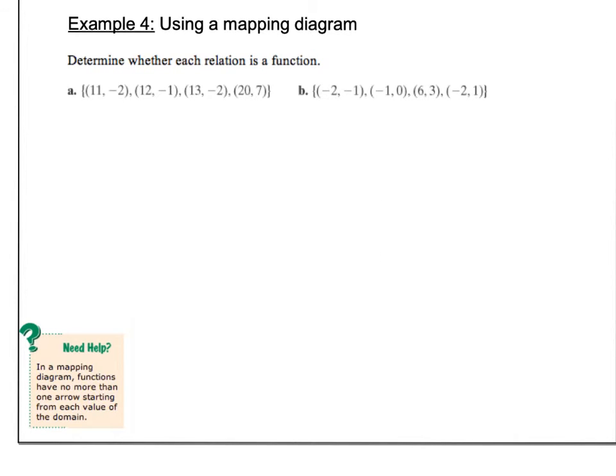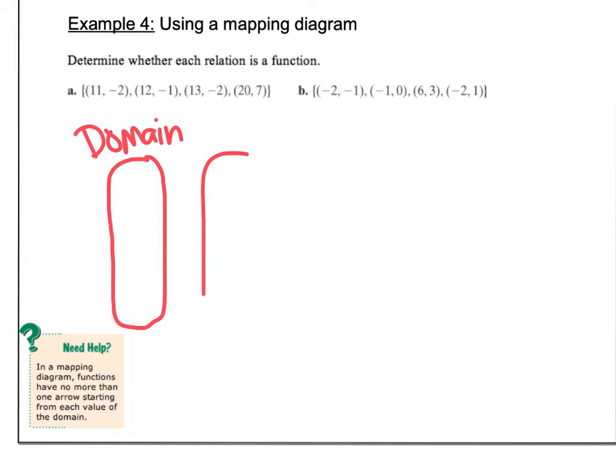A mapping diagram can tell you if you have a function as well. And here's how you do this. A mapping diagram, you take a little oval shape, and we're going to put our domain values in there. And you make another little shape, and we're going to put our range values in there.